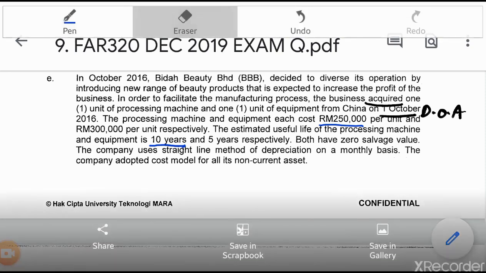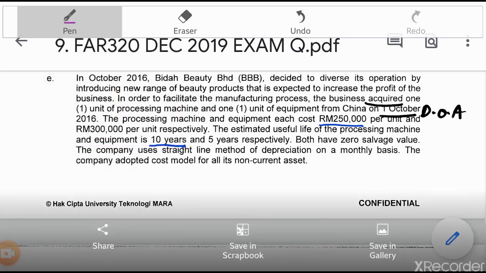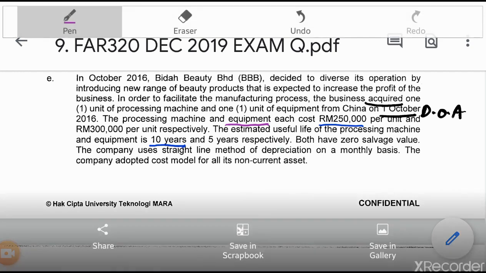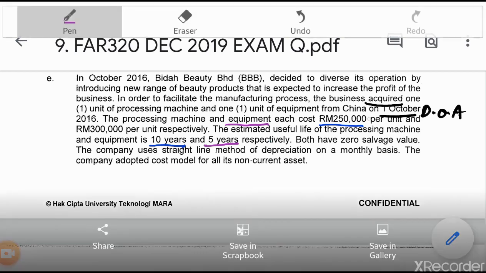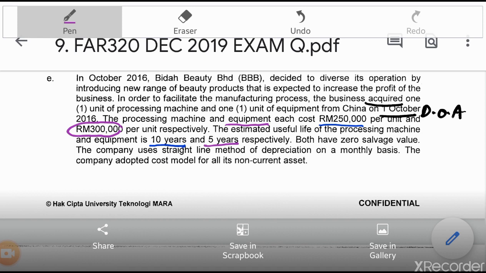Okay, let's look at the information for the next asset, which is the equipment. The equipment has a useful life of 5 years, and the equipment costs 300,000.